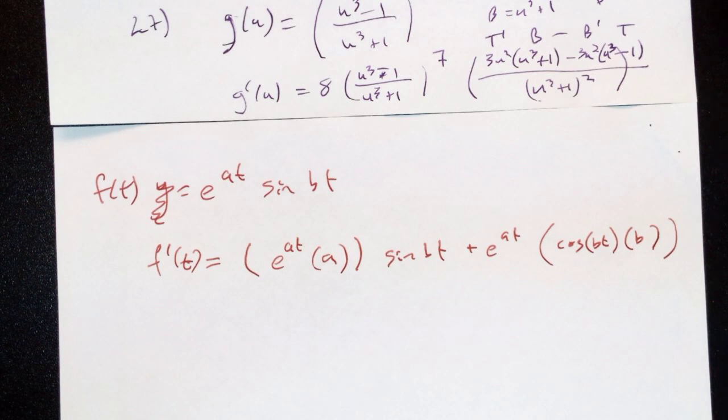Uh-huh. Yeah, my assumption is because of the way they've spaced it, this is another thing I hate the book doing. There's no parentheses around that, right? Is it sine of b times t? Or is it sine of bt? So I said the same thing, sine of bt.